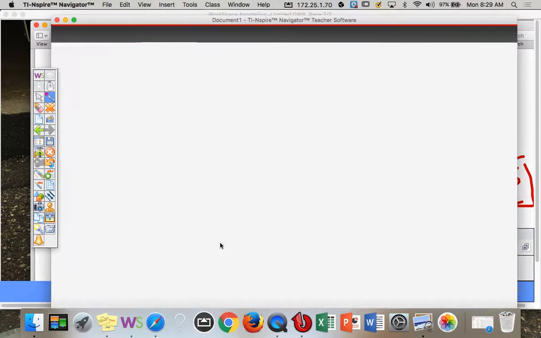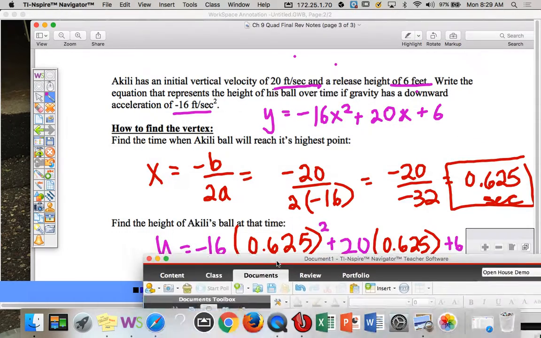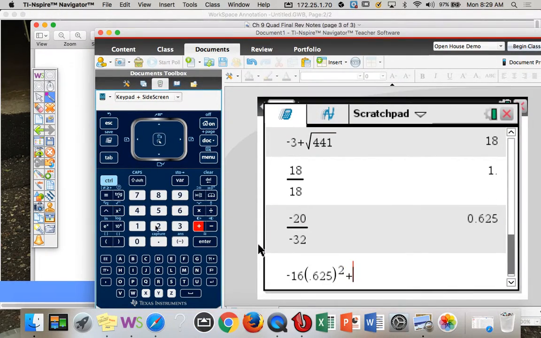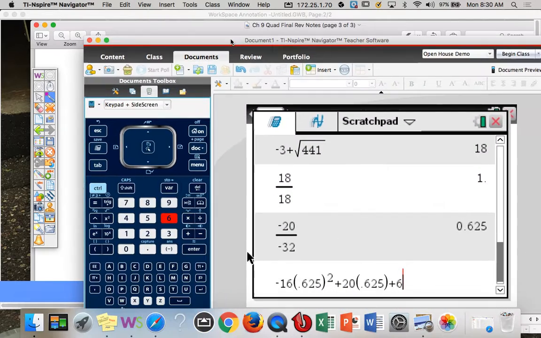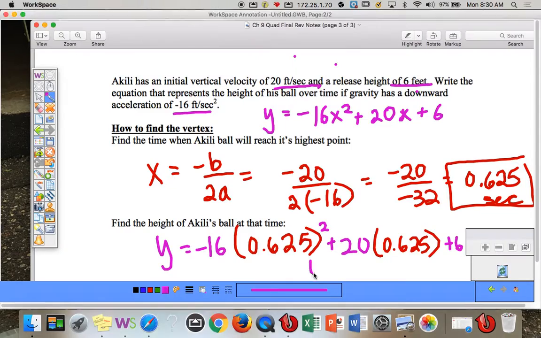So you can just type that in, negative 16 parentheses 0.625 squared plus 20 times 0.625 plus 6. Okay, so 12.25 feet would be the maximum height of his ball.